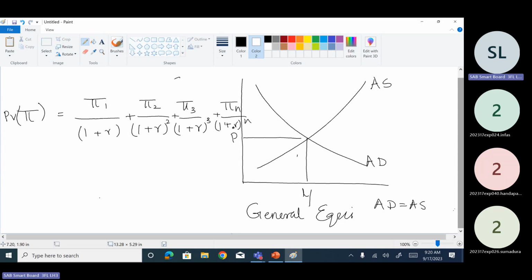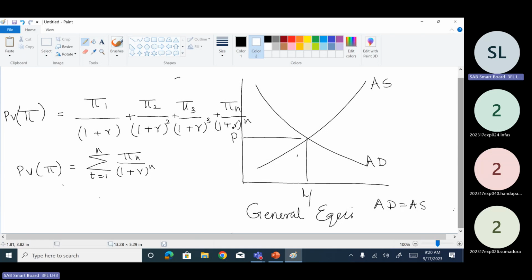So that means we take the summation. We take the summation of the profits over the number of years, with the discounting factor, from the first year to the nth year.